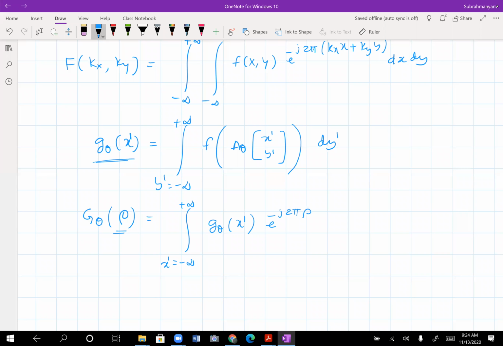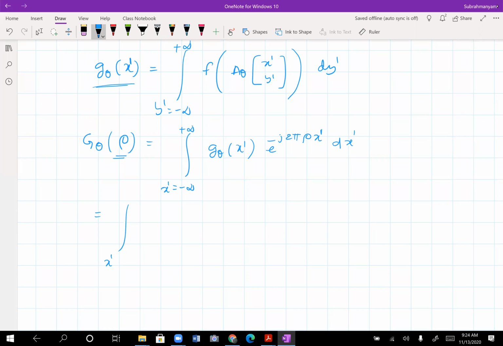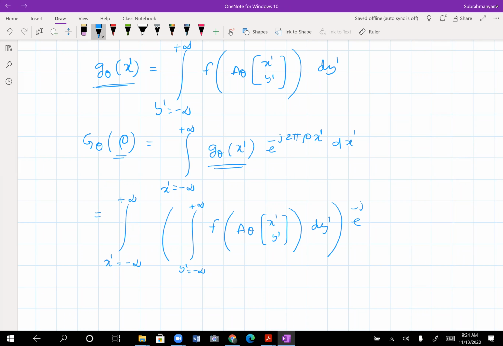Now let me substitute g theta of x prime: the integral over y prime from minus infinity to plus infinity of f of x prime y prime at angle theta, dy prime, times e power minus j 2 pi rho x prime, dx prime. I'm going slowly, just simply substituting here, still keeping that inside.